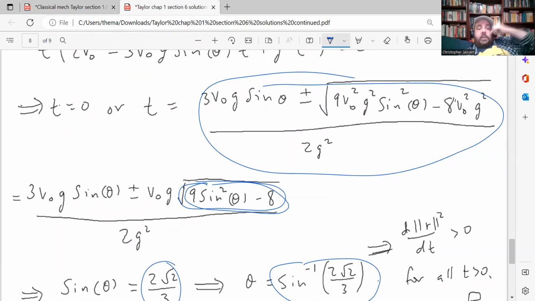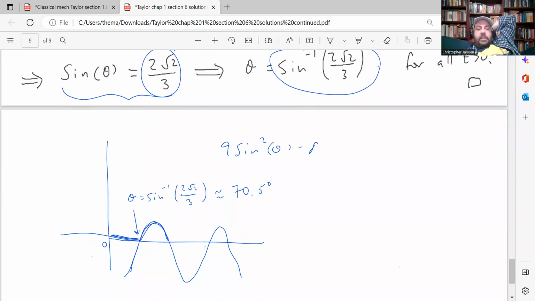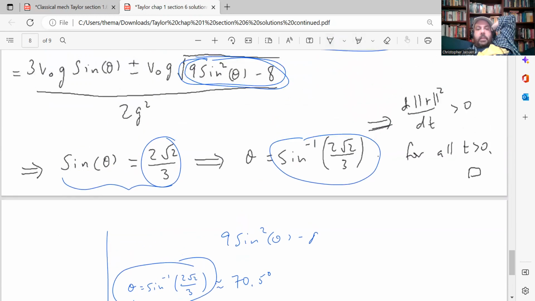So that means that the only place where the derivative stops being positive is when t is 0. Otherwise, it's positive the whole way. So the highest value of theta where that happens is this value here, right? So that's the solution to that second part.